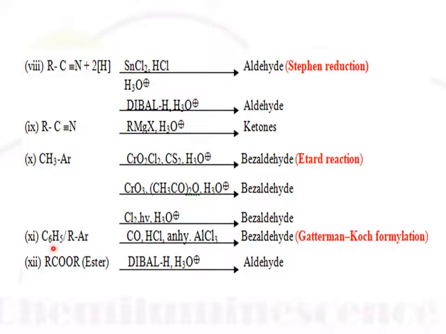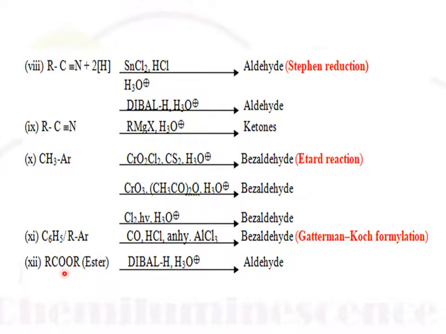Next is reaction of benzene or substituted benzene with carbon monoxide in hydrochloric acid and anhydrous aluminum chloride gives benzaldehyde. This is also a named reaction known as Gattermann-Koch formylation, in which a formyl group gets substituted on the benzene ring.